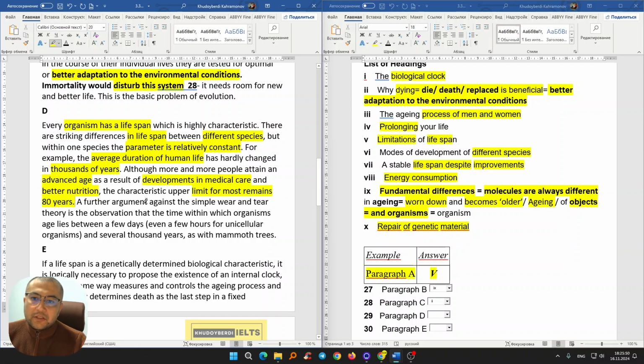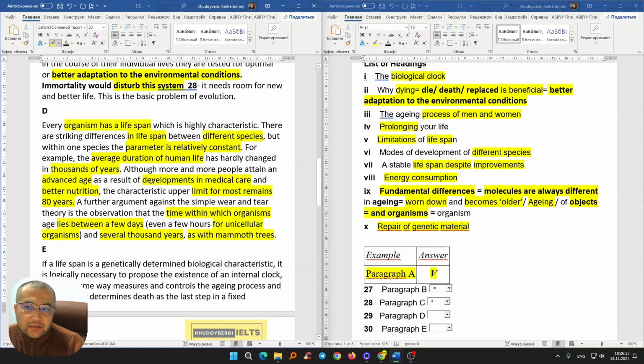A further argument against the simple wear and tear theory: the observation that the time within which organisms age lies between a few days, even a few hours for unicellular organisms, and several thousand years for mammoth trees, right? All right. Is it about limitation of lifespan, or is it about a stable lifespan despite improvements? So, is it about limit or improvements, right?